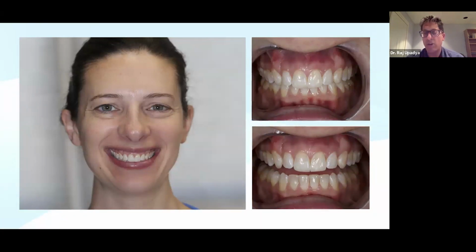So it's a decent amount of composites that we did as part of the equilibration. So we did an additive reductive. We added to the areas where they were deficient, and we reduced where we could in a planned way, post-orthodontically, to give her back a stable occlusion.